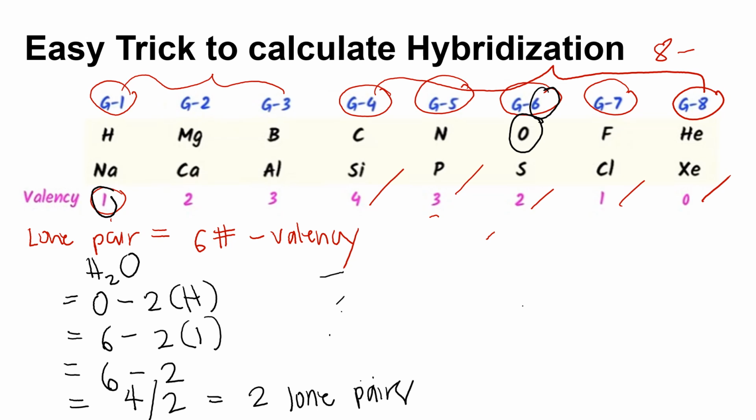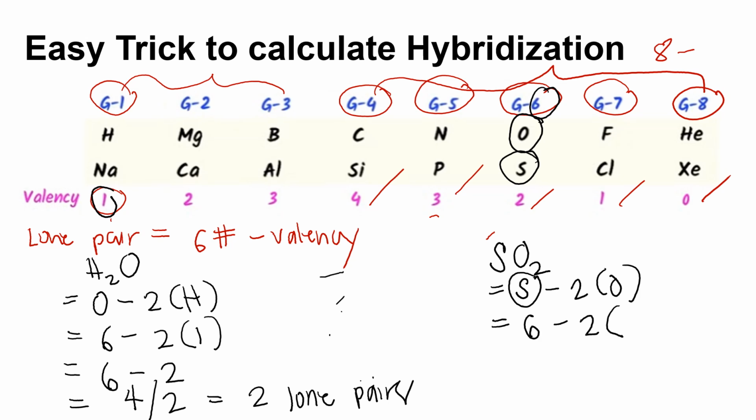So let's have another example, sulfur dioxide. The central atom is sulfur, and the other atoms, your oxygen, you have 2 of them. So we need the group number of sulfur. Again, it is 6 minus 2 times the valency of oxygen. Oxygen's valency is 2.